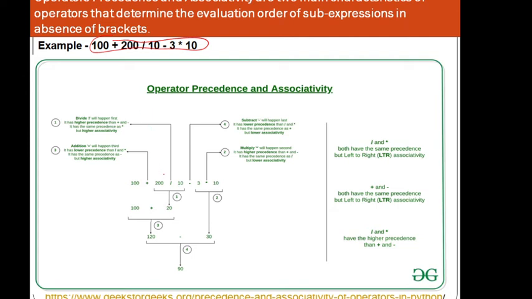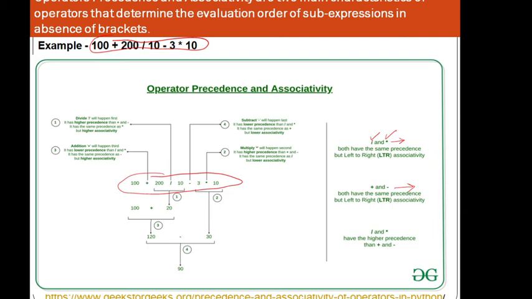So this is the expression that has been given to us, right? Here first we locate the operators: plus, division, minus, and multiplication. We know that division and multiplication have the same precedence, and plus and minus have the same precedence. Without brackets they are at the same level.